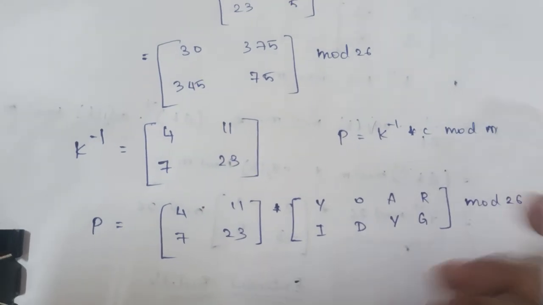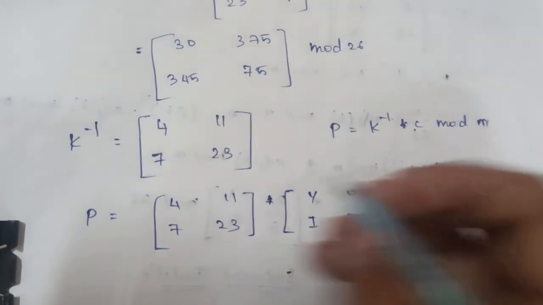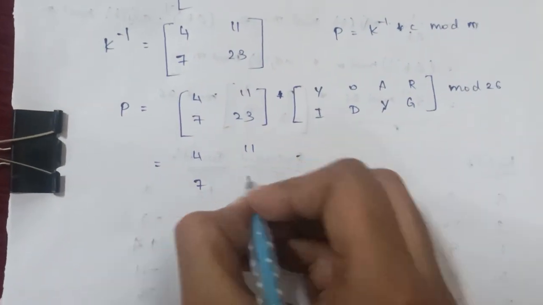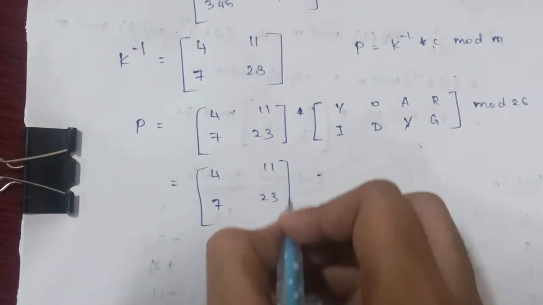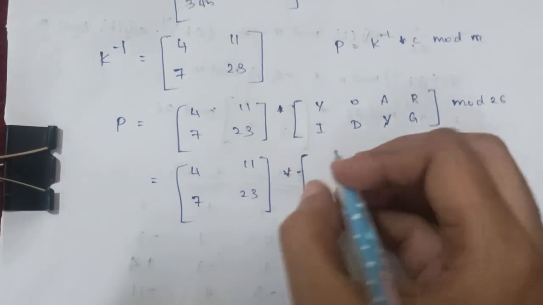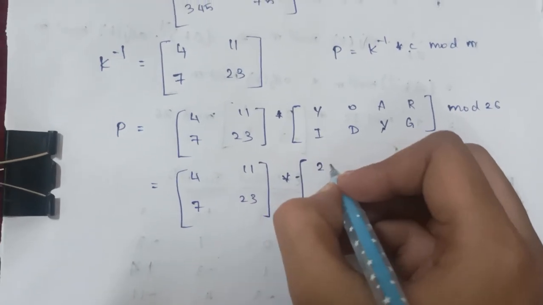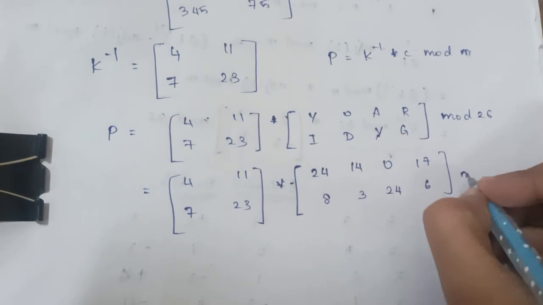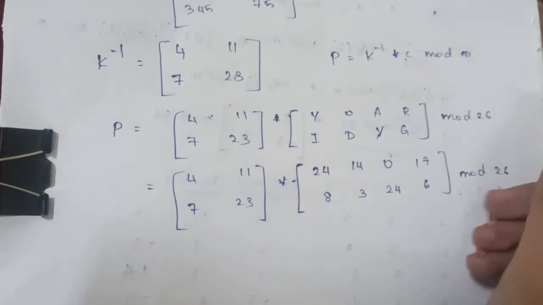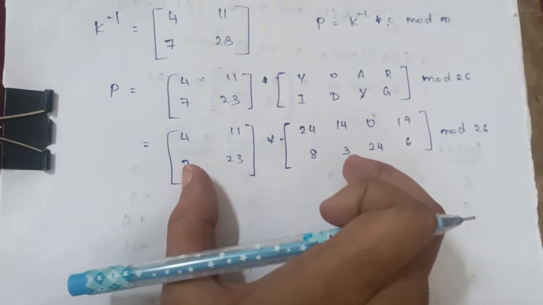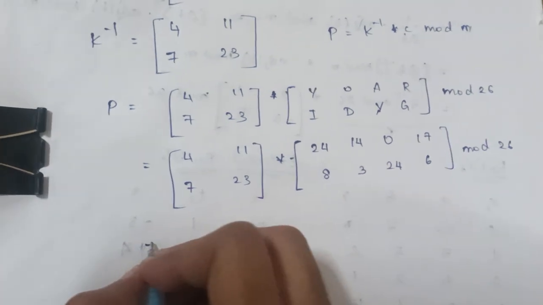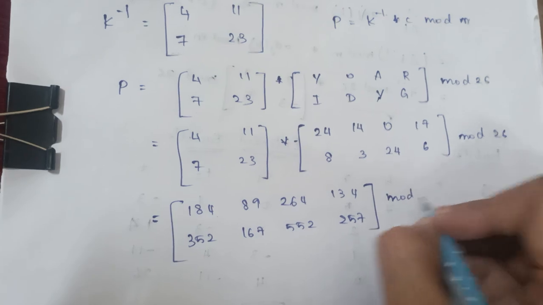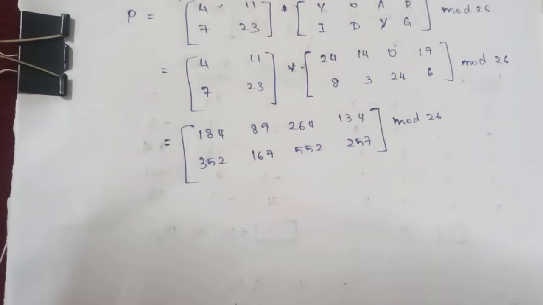I need to substitute this with its corresponding numerical positions. So 4, 11, 7, 23, and then Y corresponds to 24, this O corresponds to 14. Now we'll be performing the normal multiplication using calculator. So the result will be like, now we'll be just reducing this with mod 26.